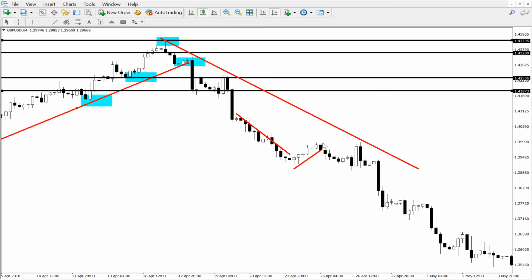It's not a strong candle, rather a very weak candle. Again the market tried to push up but failed, then price fell again, and then price made this swing high.